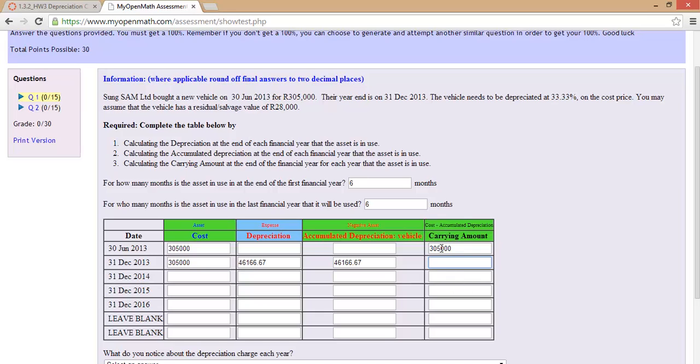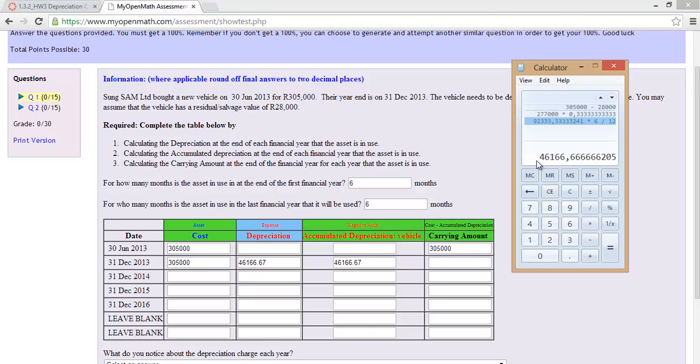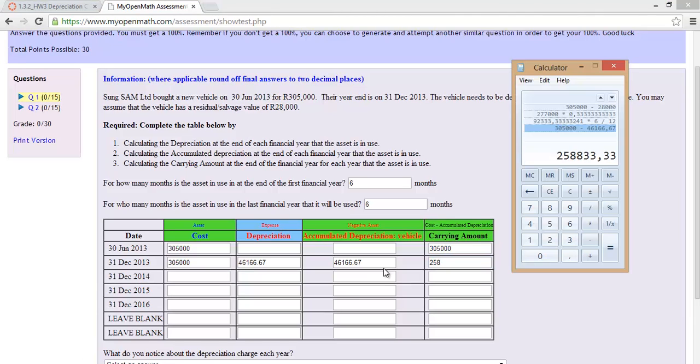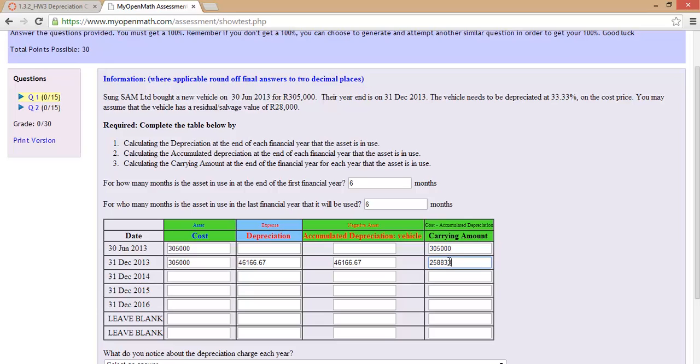And my carrying amount is going to be the 305,000 minus the accumulated depreciation, 46,166.67, which is equal to 258,833.33. And there we go. That is my first financial year complete.